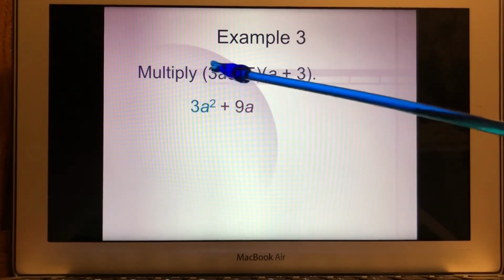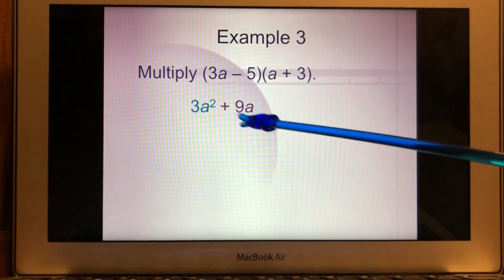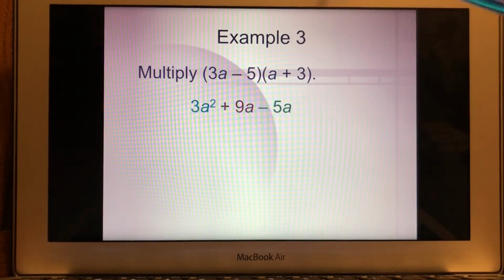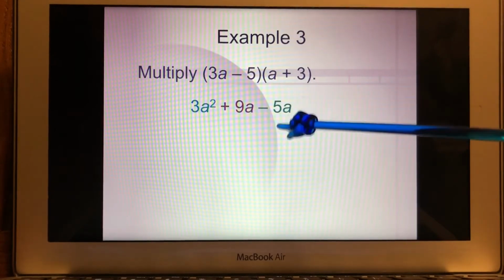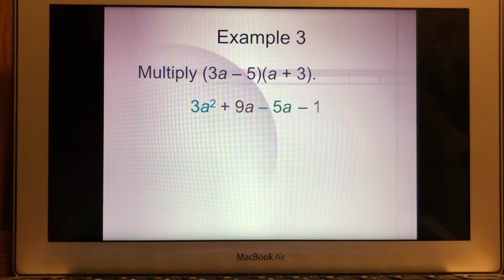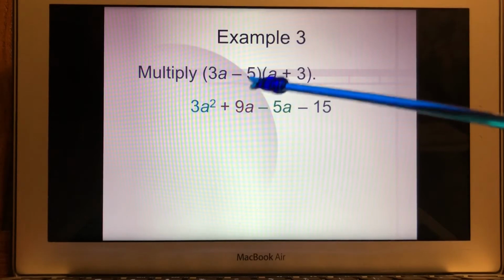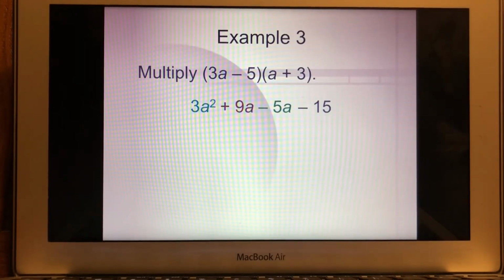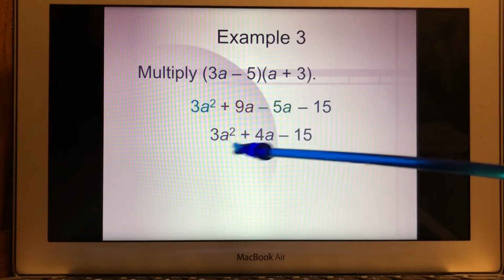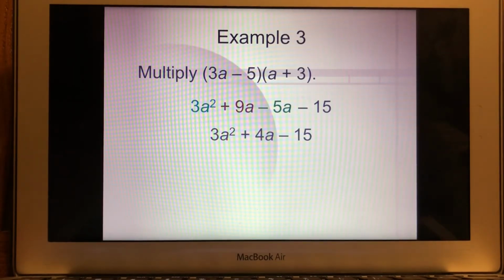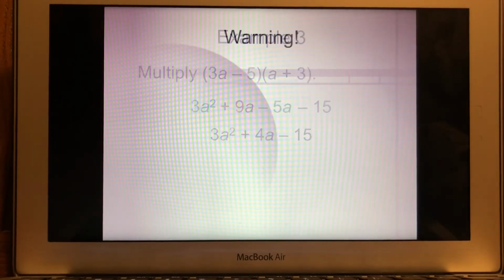The outside terms, 3a times 3, give 9a. The inside terms are negative 5 times a, which gives negative 5a. And the last terms are negative 5 times 3, which gives negative 15. So I combine the like terms in the middle, and I've got 3a squared plus 4a minus 15. And that's the final answer.